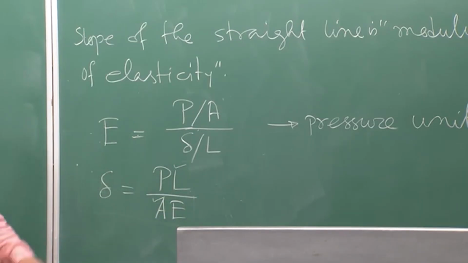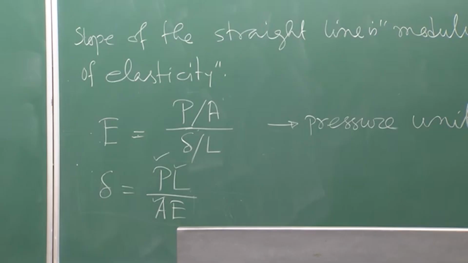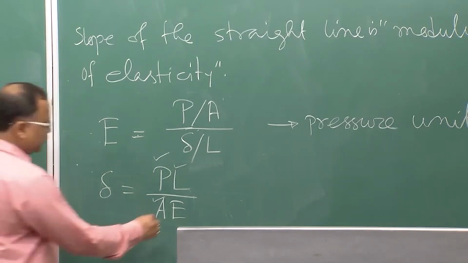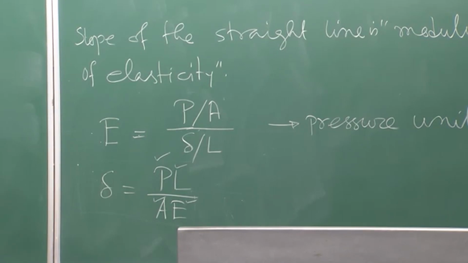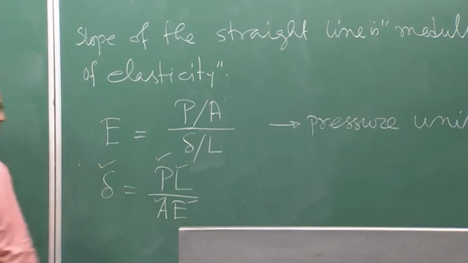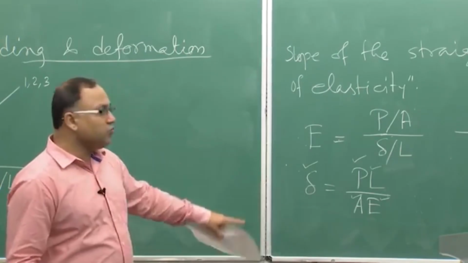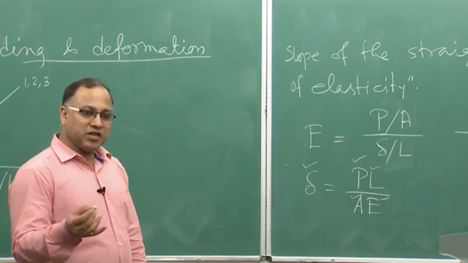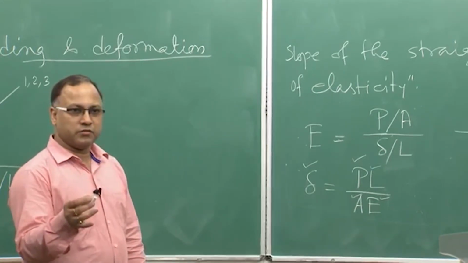If you know how much force you are applying, and E is the inherent property of the material, the material property, then you can find out delta, the deformation. So, we have established a relation between the deformation and the force.